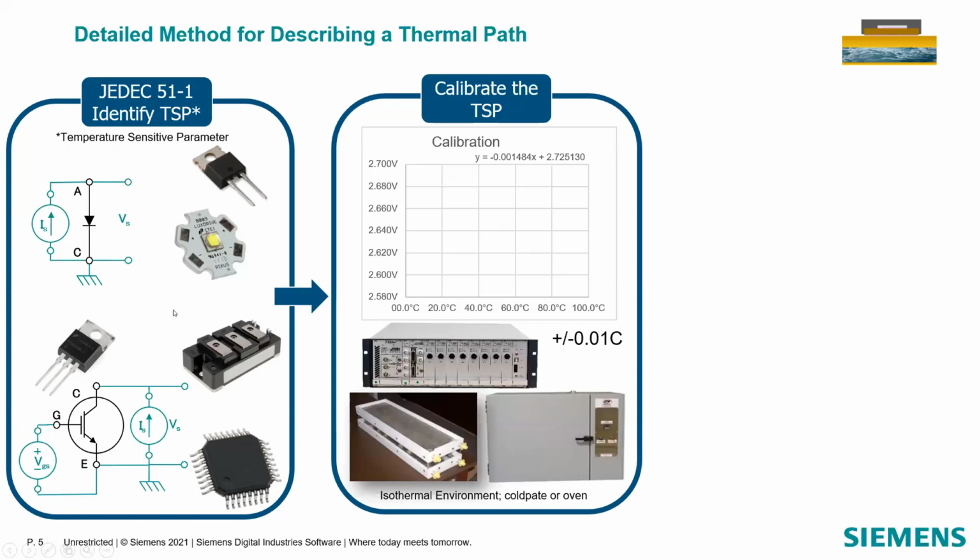So having identified a temperature sensitive electrical parameter on our component, we need to calibrate it to turn the component into a sensor. And that's typically done by placing the component in a thermally changeable environment, like on a heat sink where we can change the temperature, or in a chamber.